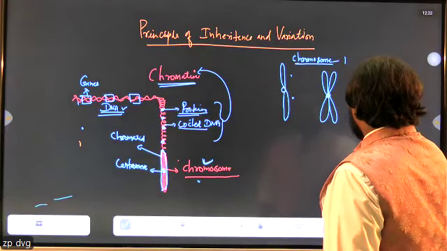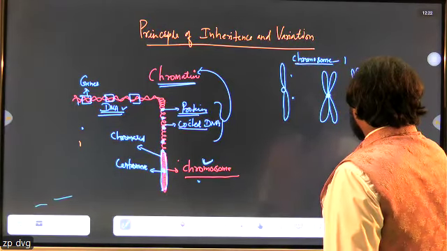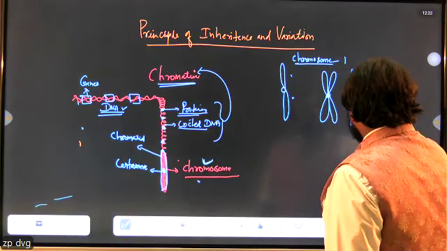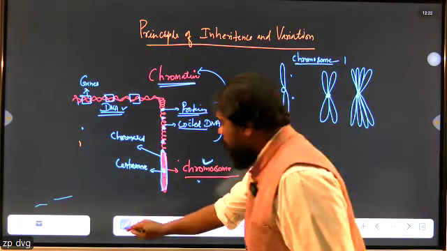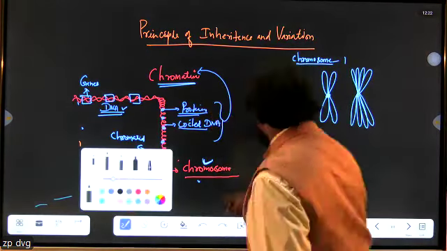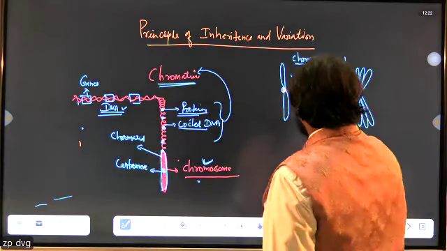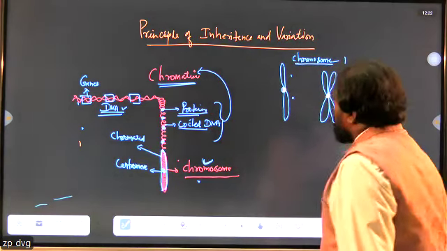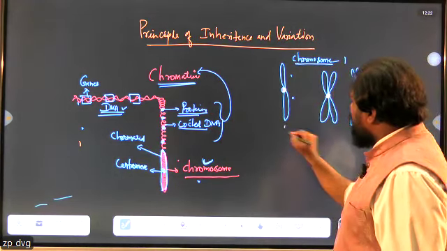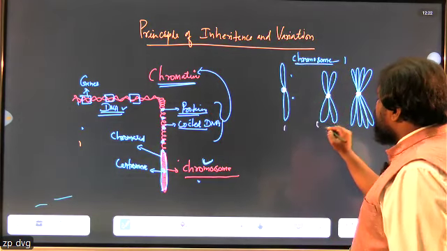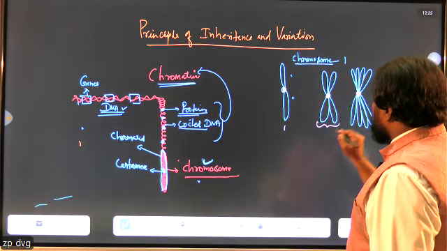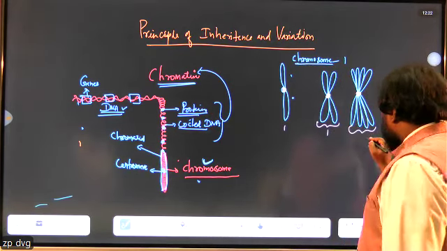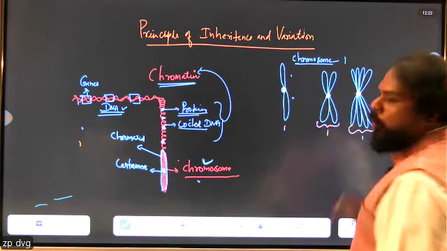Now tell me, we will use a different color for the centromere. Okay. Now tell me, this is one chromosome. This is how many chromosomes? This is not two chromosomes. This is also one chromosome. This is how many chromosomes? This is also one chromosome. How do I know all these are one chromosome?